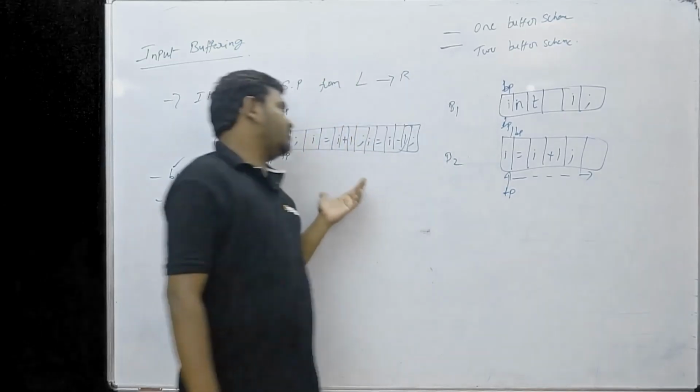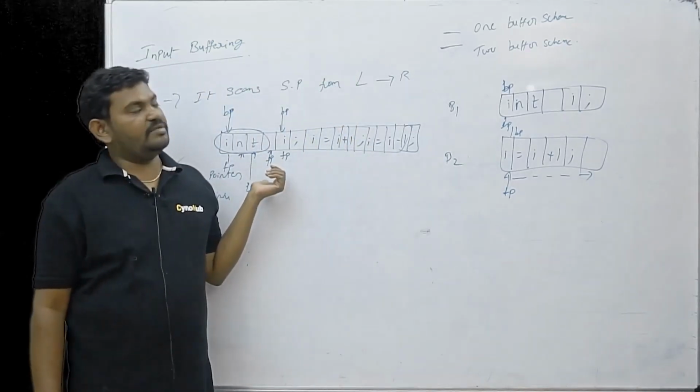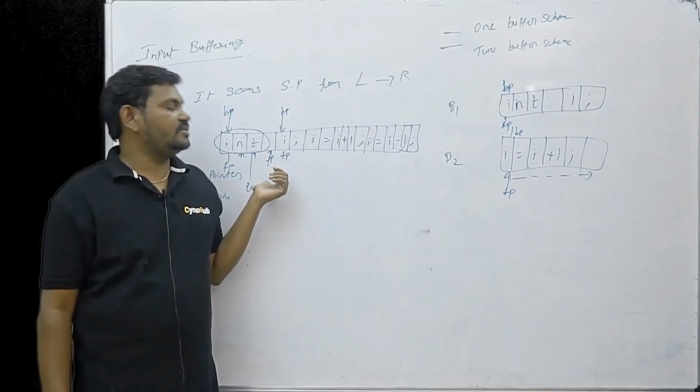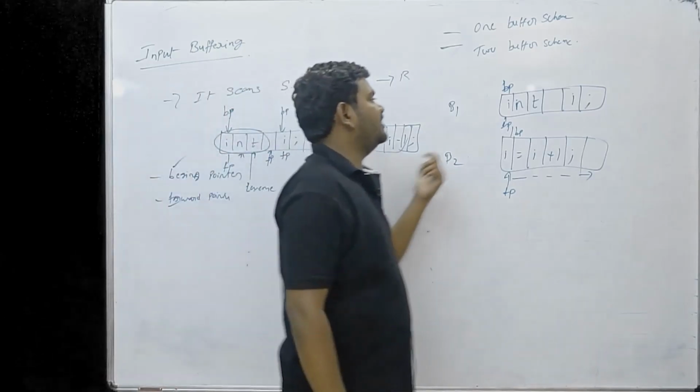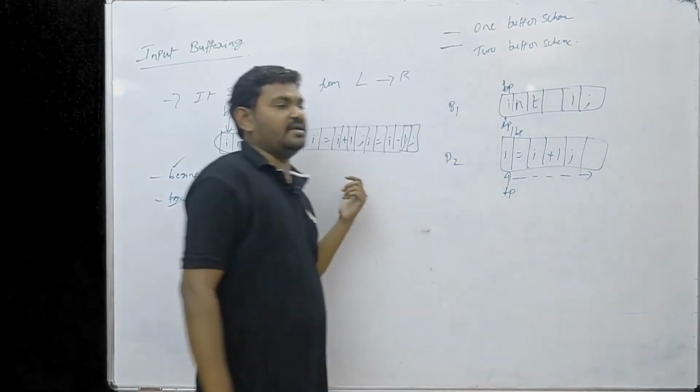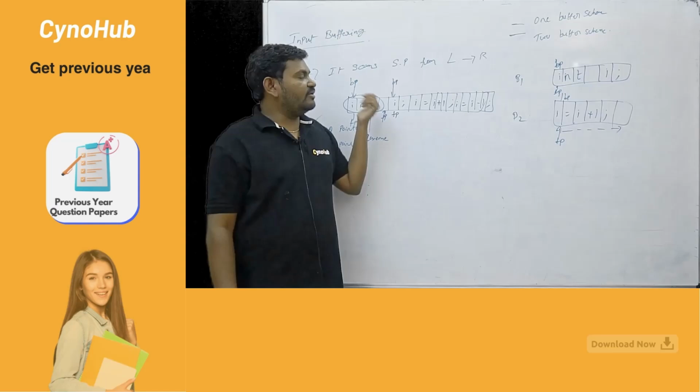But what is the problem with the two buffer scheme? We can't guarantee 100% that it scans the entire program correctly. Whenever the length of the string is too large, there may be some conflicts while scanning the input program.